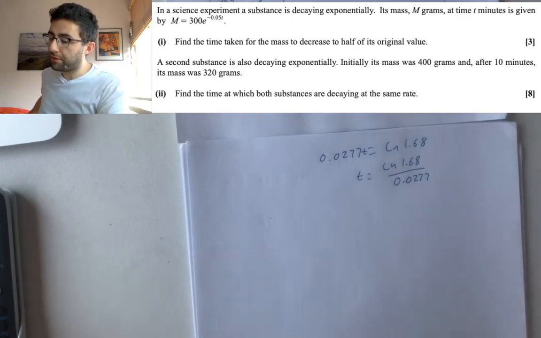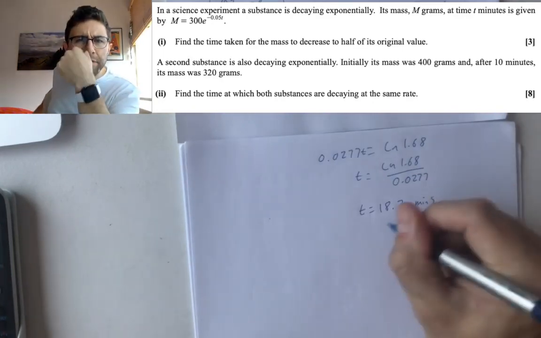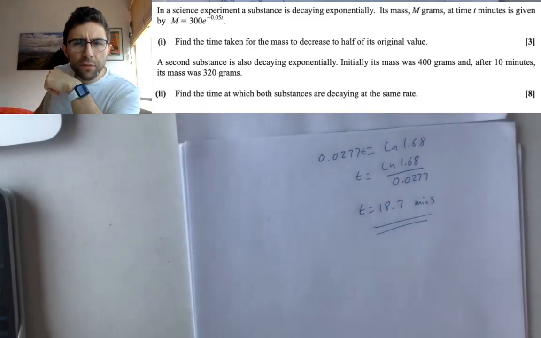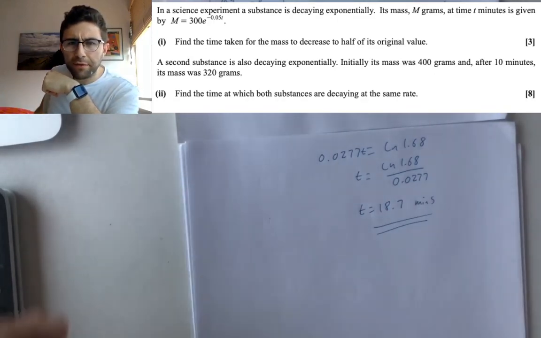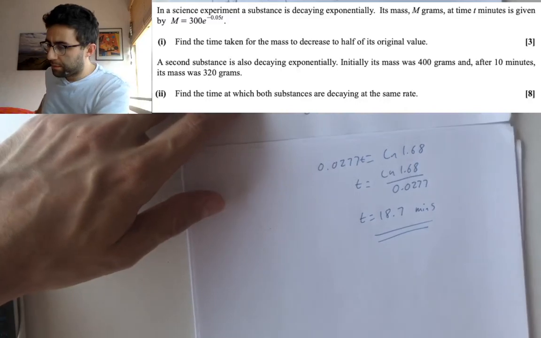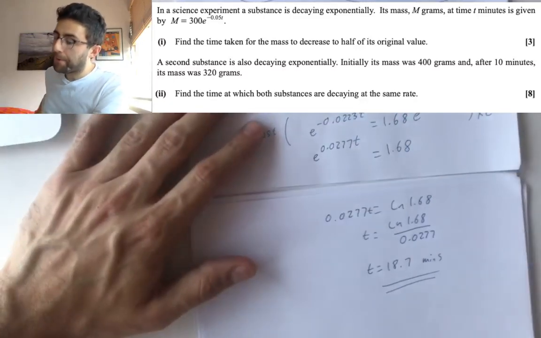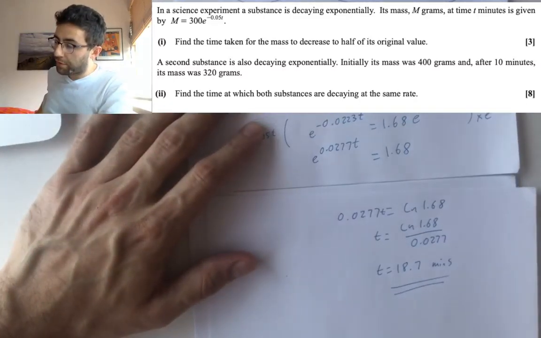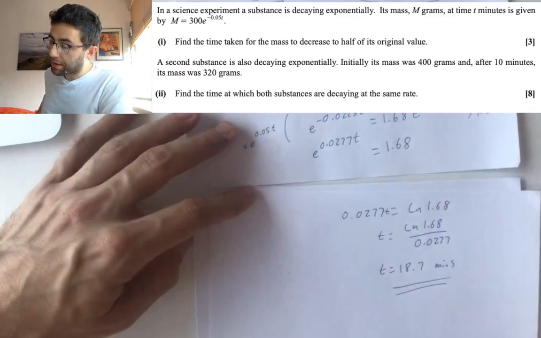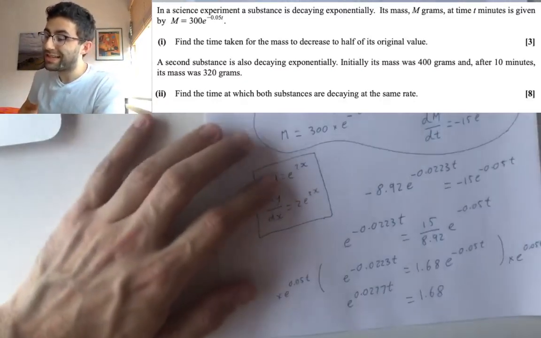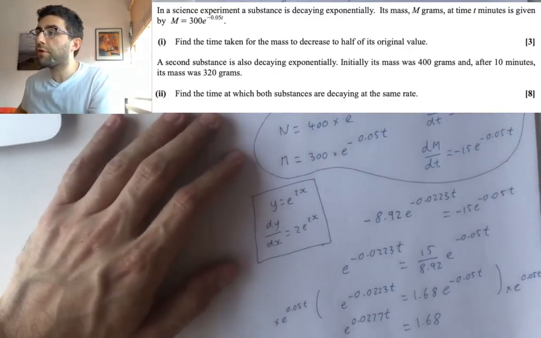Then to find what b is, because the equivalent in section 1, b is minus 0.05, this time we had to plug in 320 and 10, solve it with a bit of logs, and we ended up with our b.